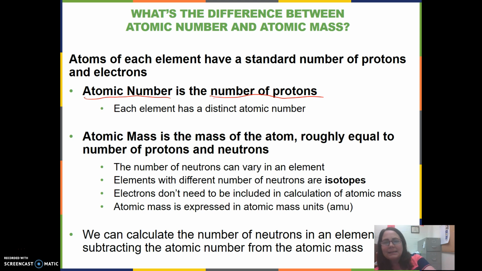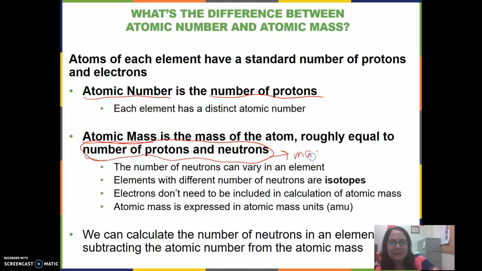The atomic mass, also referred to as the mass number, is the mass of the atom, but if you average that atomic mass, then you get a number that is equal to the number of protons and neutrons. So technically, the number of protons plus neutrons is the mass number.